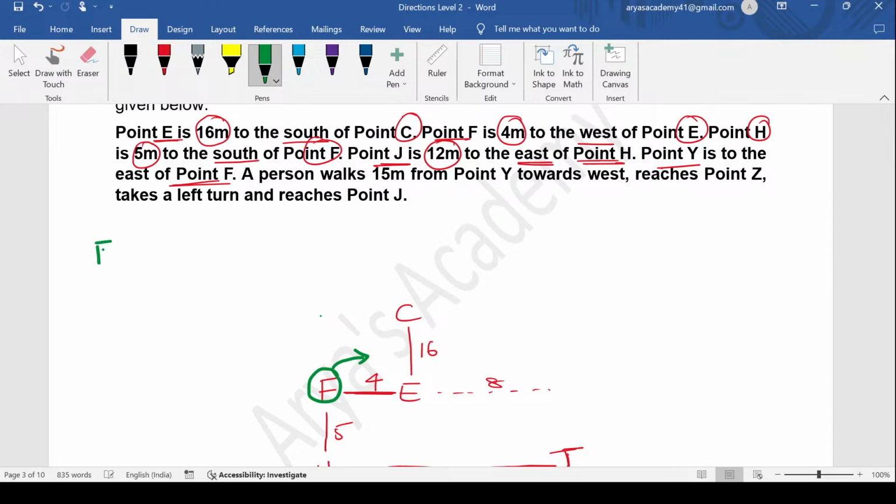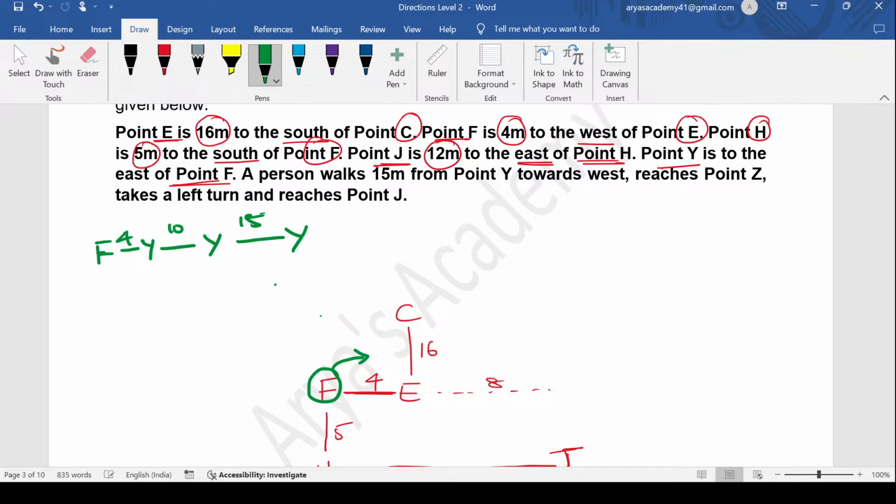So point Y is to the east of point F means point Y can be here, or if you travel further east, point Y can be here. If you travel further east, point Y can be here. The distance can be 4, the distance can be 10, the distance can be 15, whatever it may be.